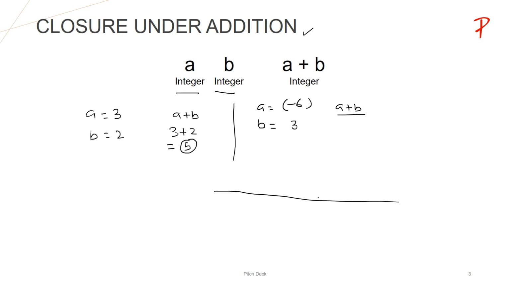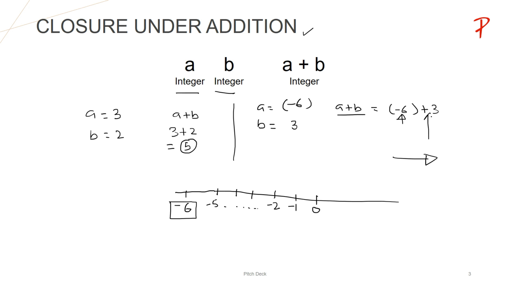Here on the number line we have 0, this is -1, -2, -3, -4, -5, and we extend it further to get -6. So we have to add -6 and 3. On the number line, first we will highlight -6. Whenever we need to add on the number line, we go to the right side.